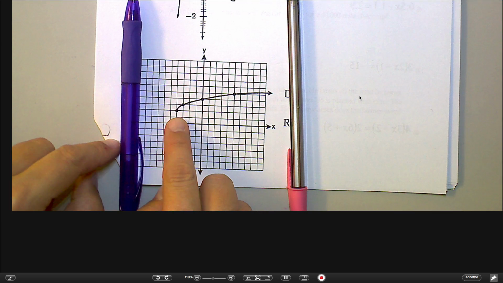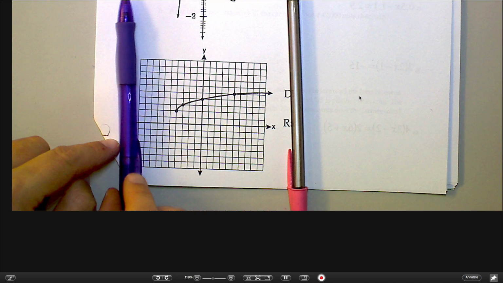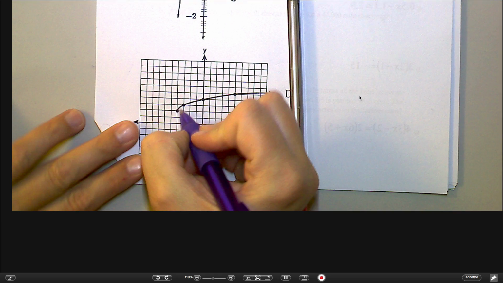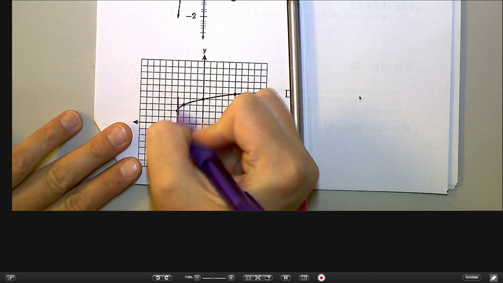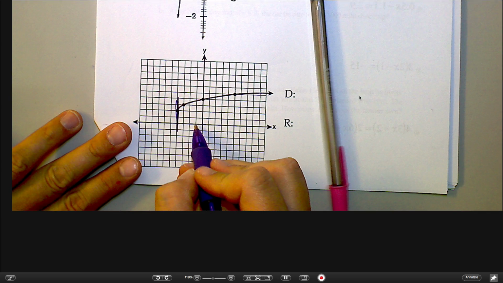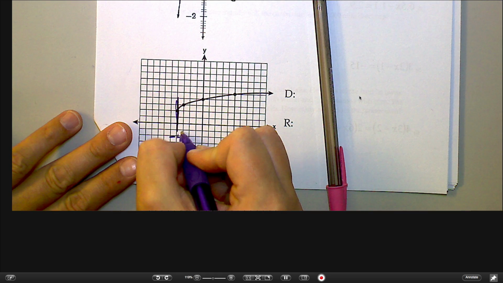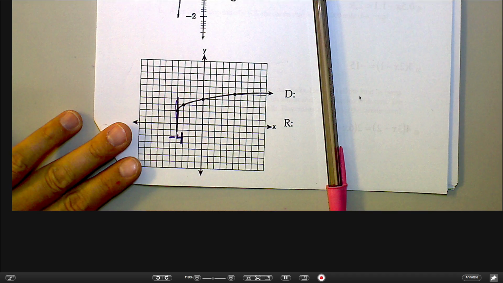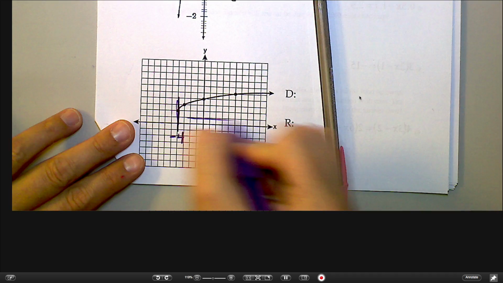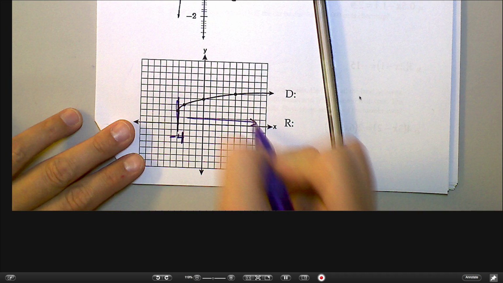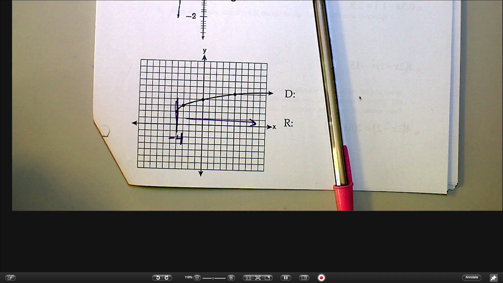So I want to say, what's the farthest point in this direction that my graph hits? That'd be this right here, and that's 1, 2, 3, 4, -4. So I want to say everything from -4 up. Well, it's not technically up. Everything from -4 to the right.